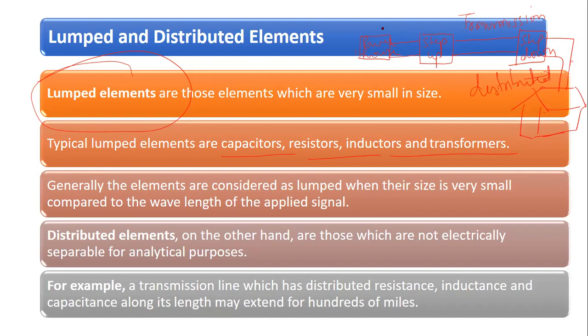Now, this whole scenario, if you understand a little bit about transmission and resistance, we all know that the formula for resistance is R is equal to rho L by A. What is rho? Rho is the resistivity of the material, right?